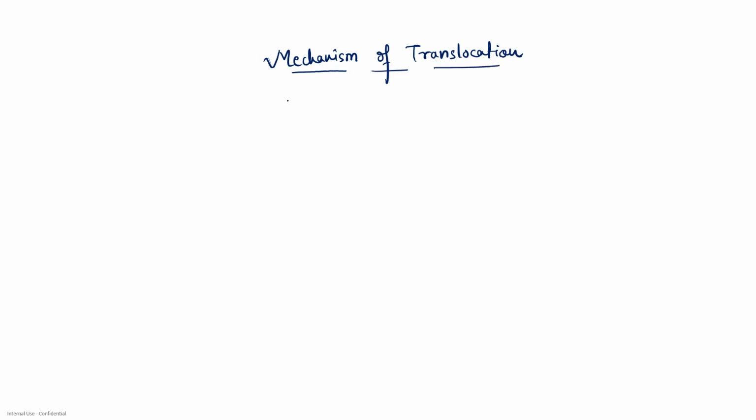Mechanism of translocation was proposed by Munch in 1926. And this is the most accepted mechanism of phloem translocation.